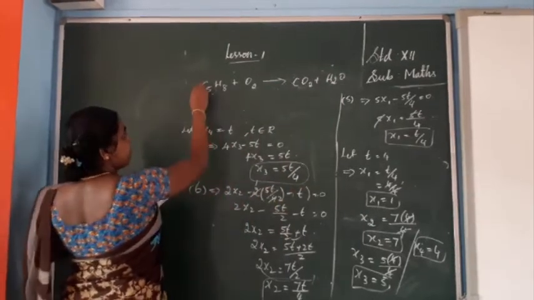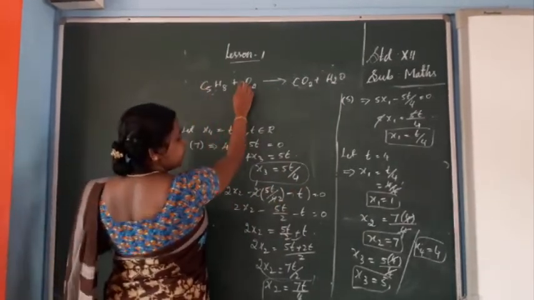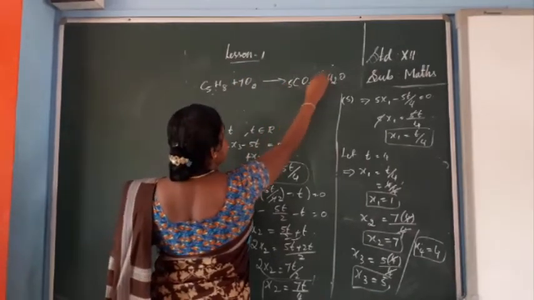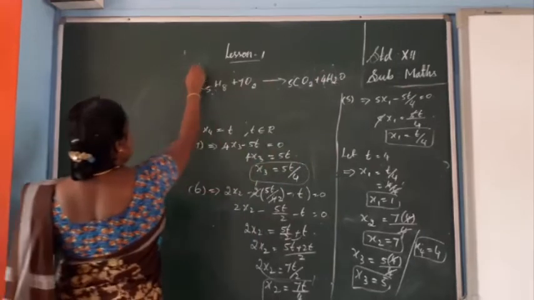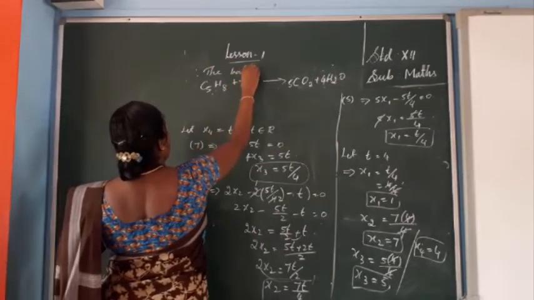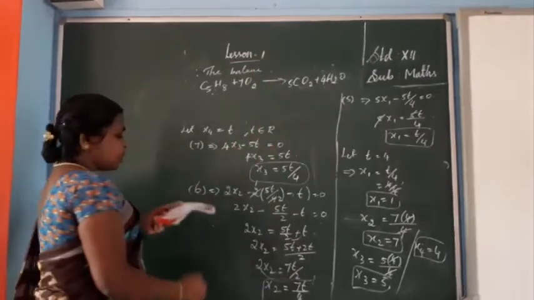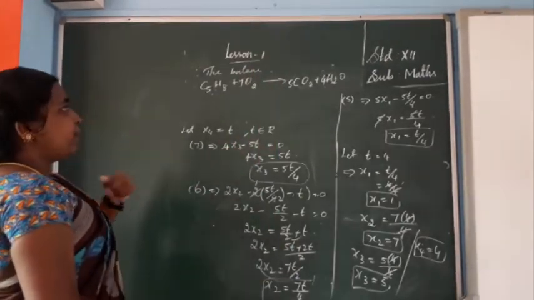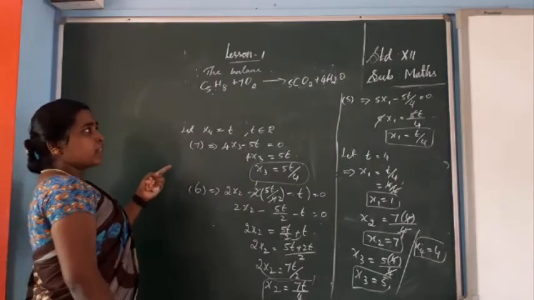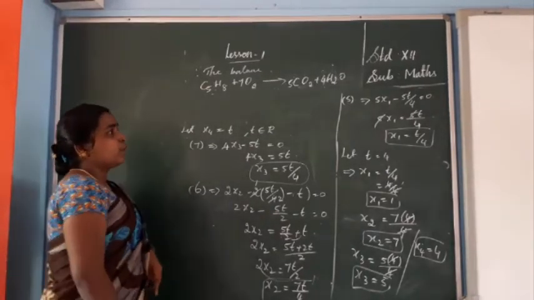So x1 value is 1, x2 value is 7, x3 value is 5, and x4 value is 4. This is the balanced chemical reaction equation. Therefore, the balanced chemical reaction equation is C5H8 plus 7O2 gives 5CO2 plus 4H2O.